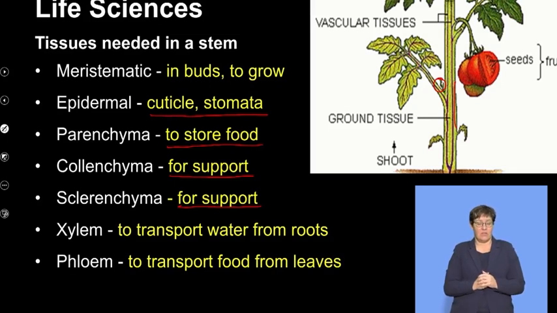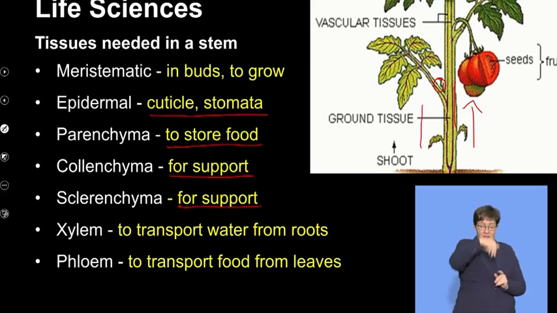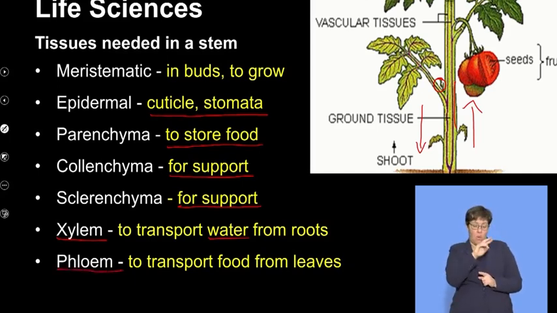Then, because one of the functions of the stem is to take water upwards and food downwards, we would find xylem, which is our water transport tissue, and phloem, which is our food transport tissue. So these are the cells that we're going to find in a stem.